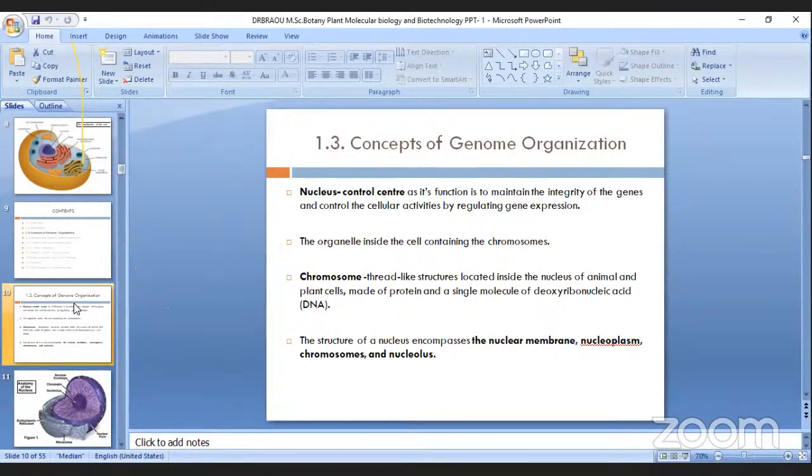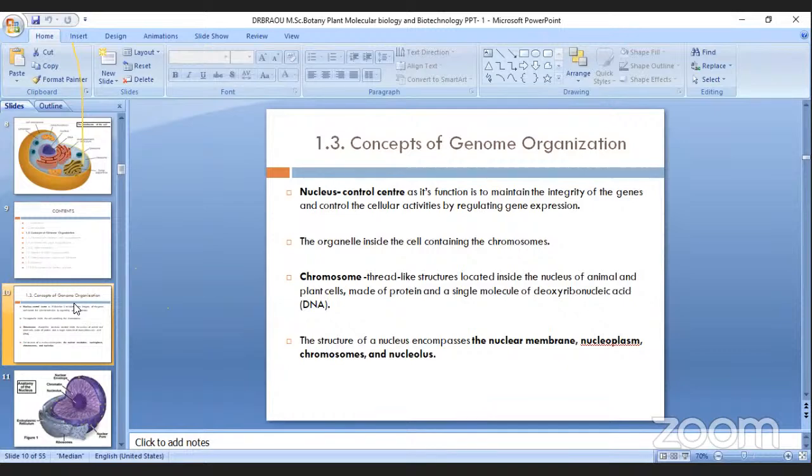The organelles inside the cell contain chromosomes. So what are chromosomes? Chromosomes are thread-like structures located inside the nucleus, and they are generally made up of protein and deoxyribonucleic acid, which is DNA. Chromosomes are made up of proteins and a single molecule of DNA.